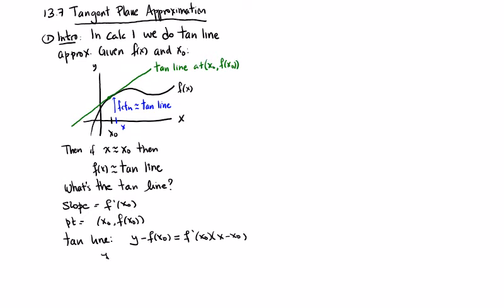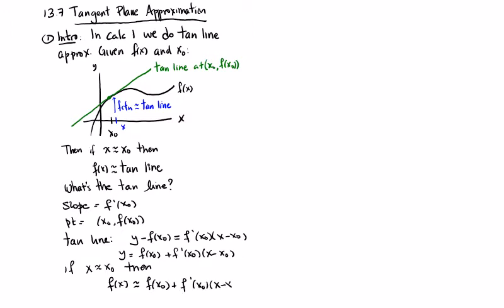In other words, y is equal to f of x0 plus f prime of x0 times x minus x sub 0. Then we can say, if x is close to x0, then f of x is approximately the tangent line. So that's what happens, right?